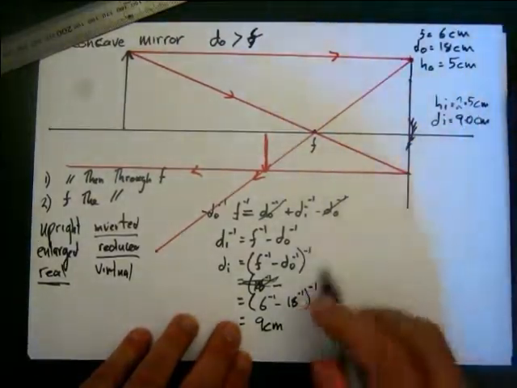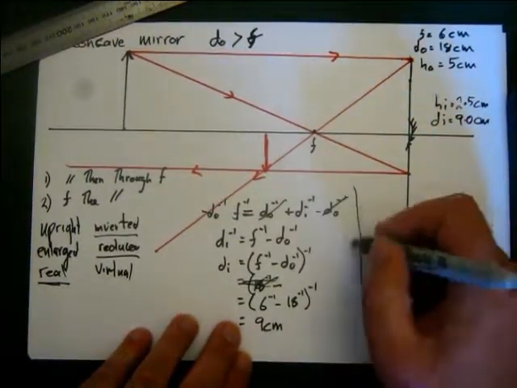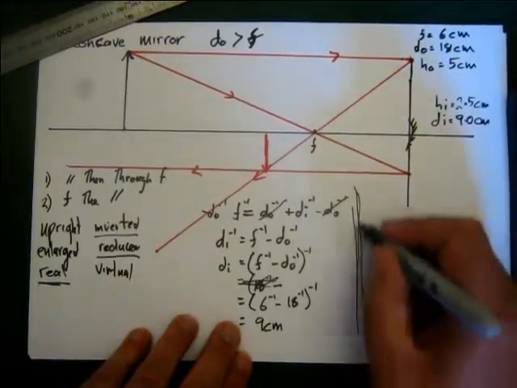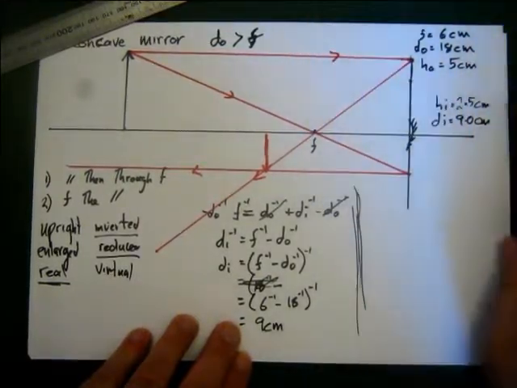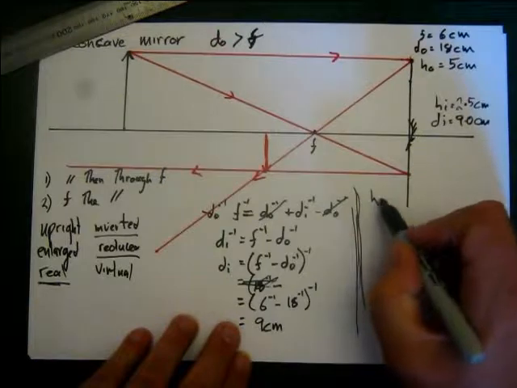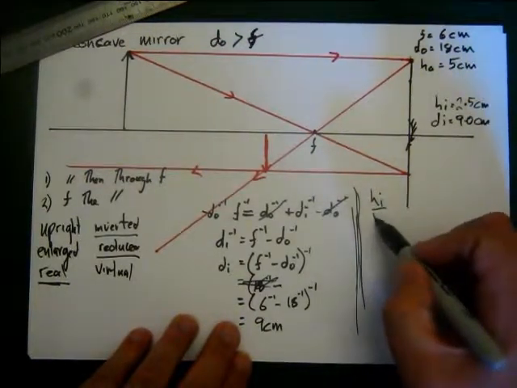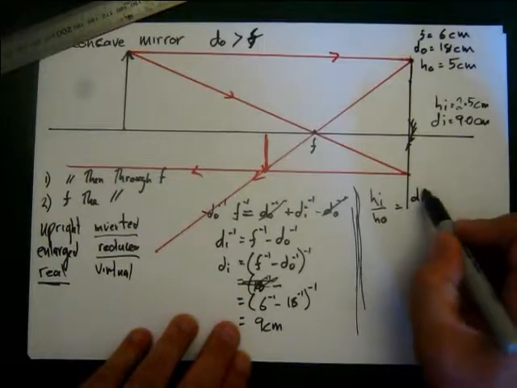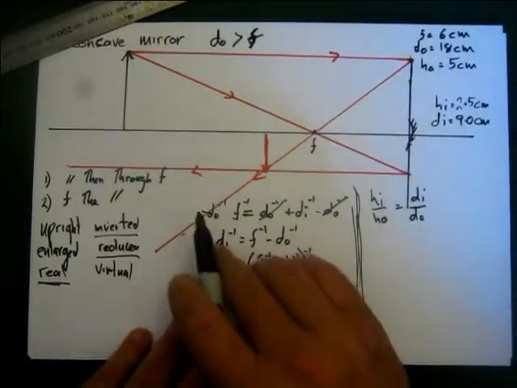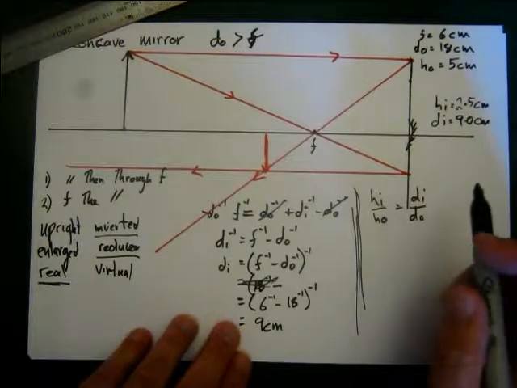I did a good job drawing there. Okay, the height of the image, well, we can work this out from height image over height object is equal to distance image over distance object. So what do I want to find out?